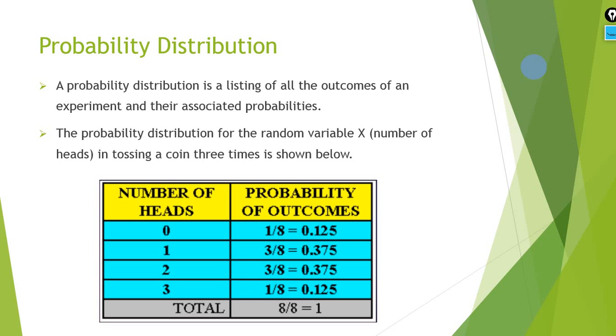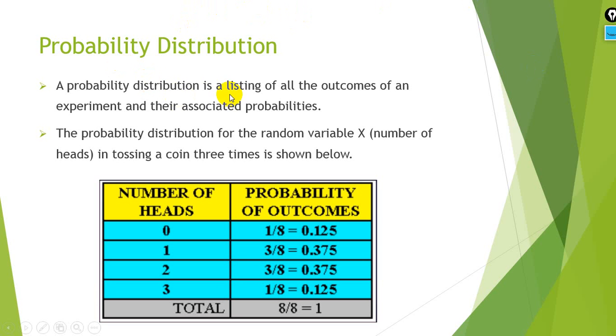So when we are taking the probability of a random variable in a table form, all of the probability values of a random variable in a table form, we can say that is the probability distribution.